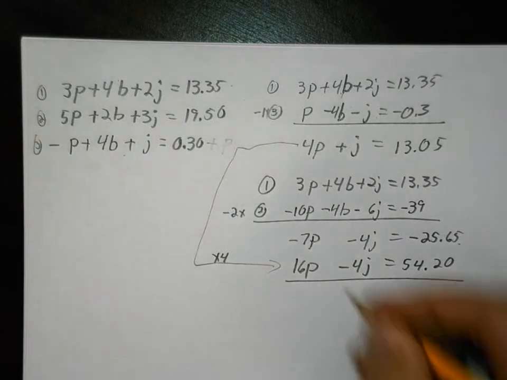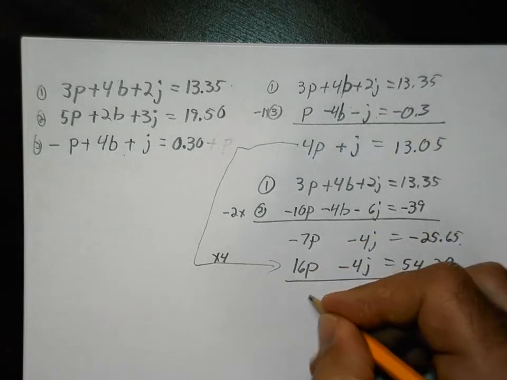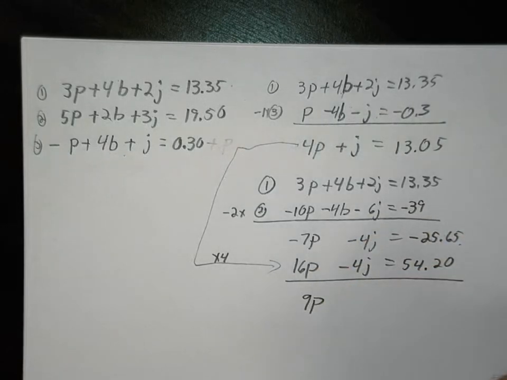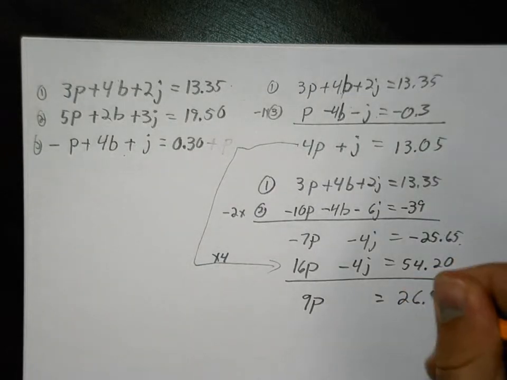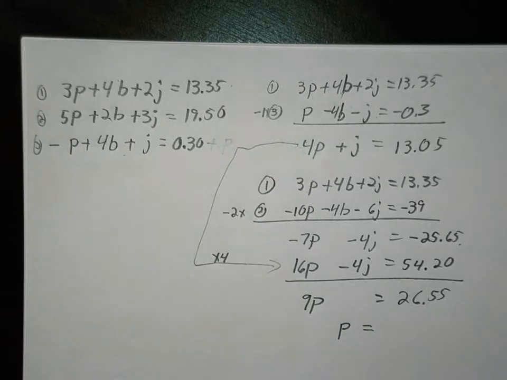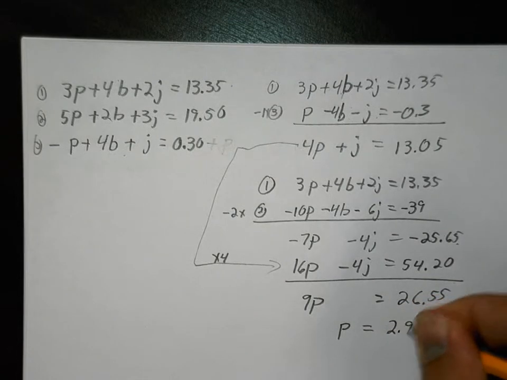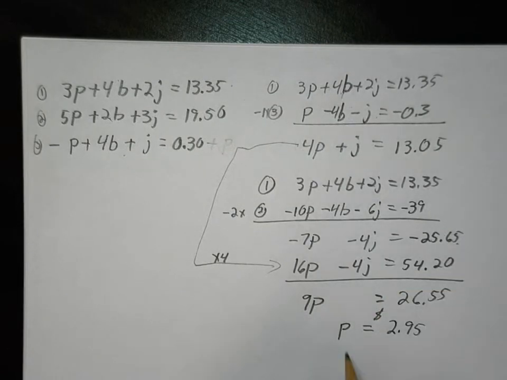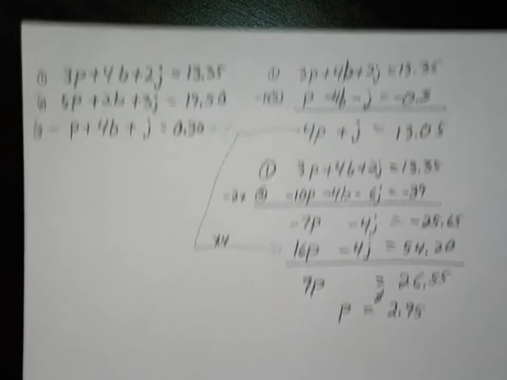Now we add those together and I get 9p equals 26.55. Divide by 9, and I get 2.95. So that tells me that a slice of pizza is $2.95.